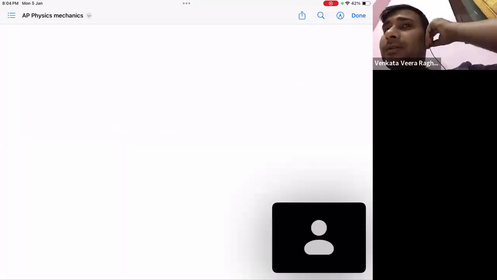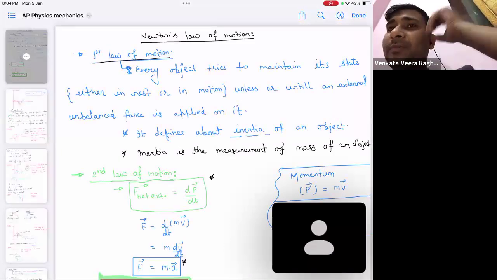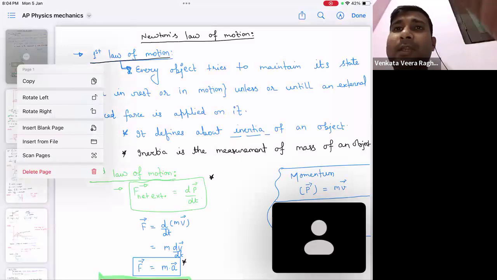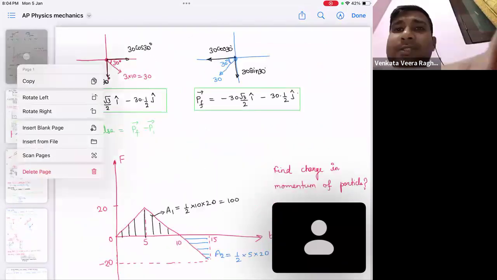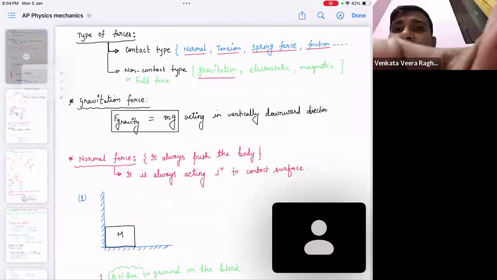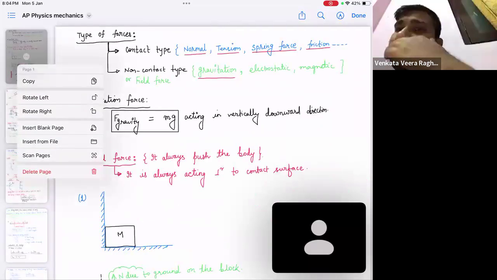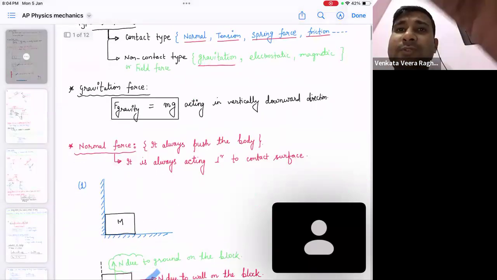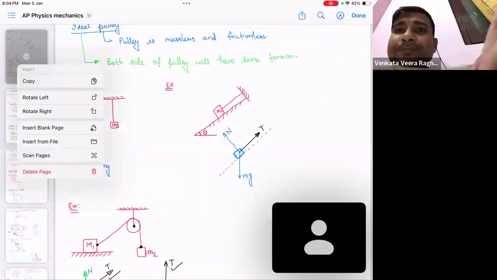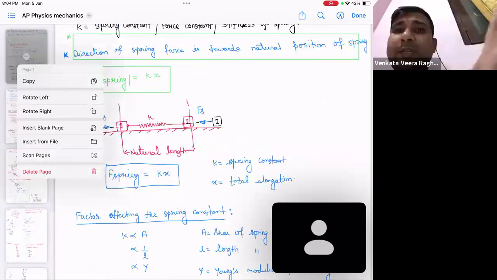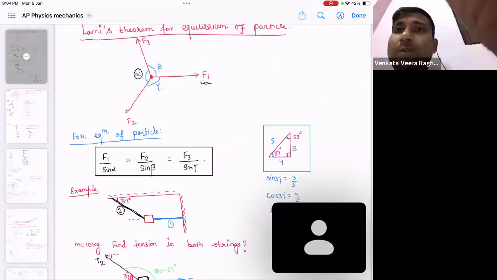So in the mechanics part, we were discussing NLM, right? We discussed all three laws of motion. Then we discussed the different types of forces like gravitational force, normal force, spring force, right?